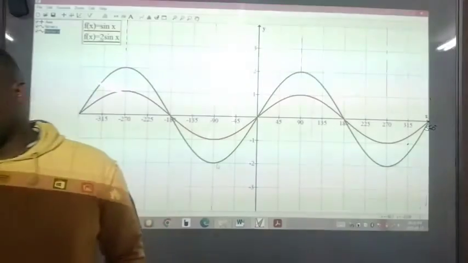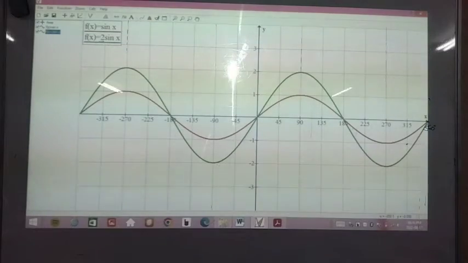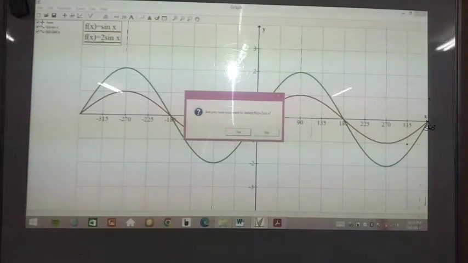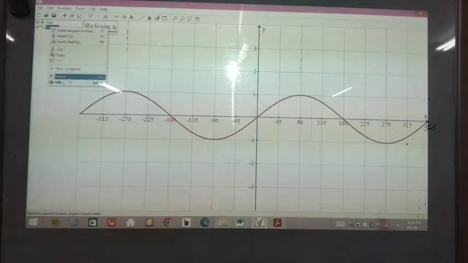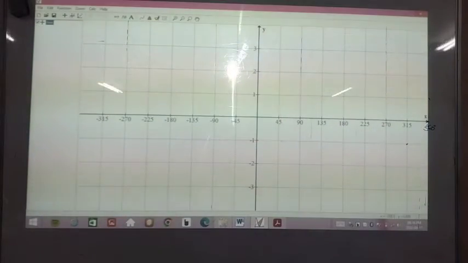But then when it comes to the graph of tan, since it does not have amplitude, we are simply going to see a vertical stretch of the graph.